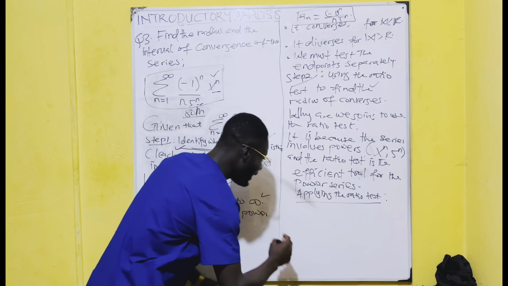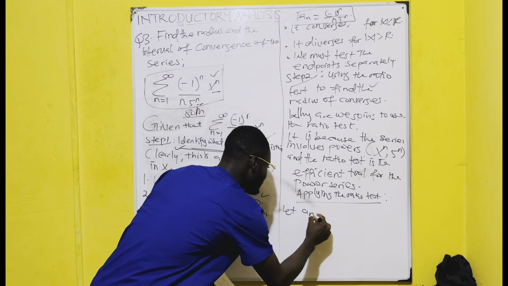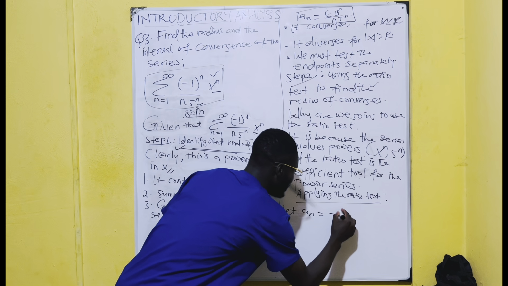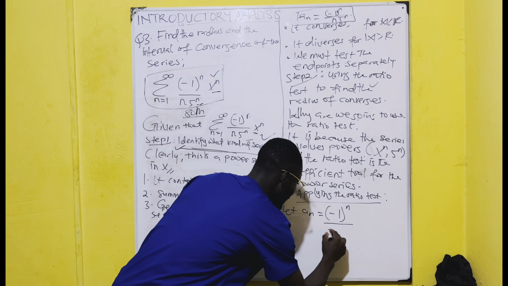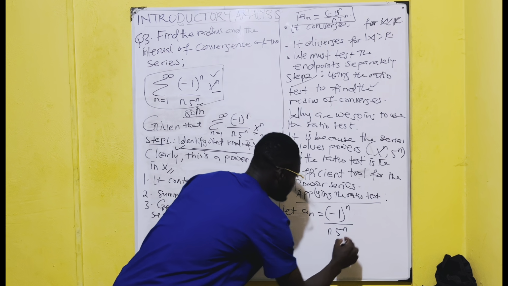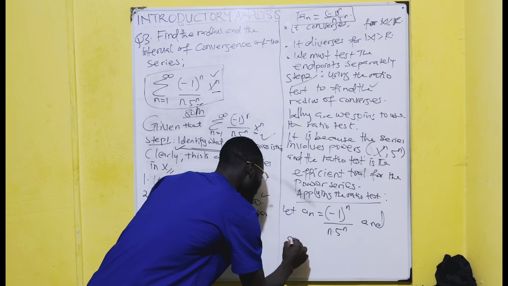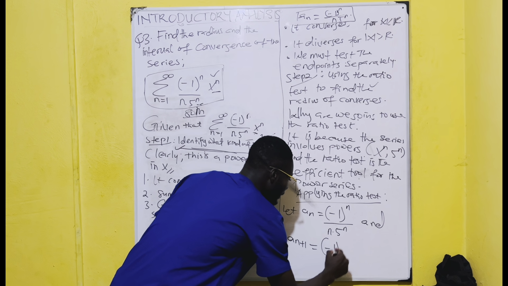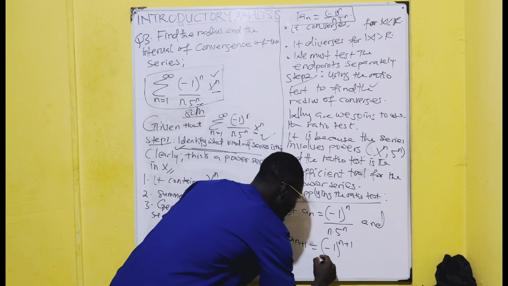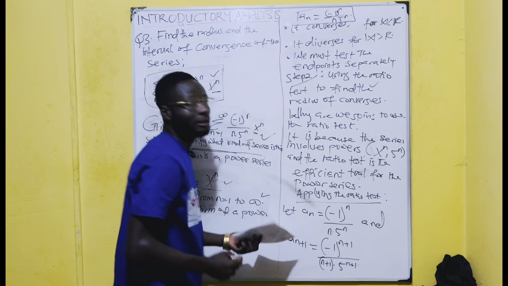So applying the ratio test, let a sub n be equal to negative 1 to the power n divided by n times 5 to the power n, and a sub n plus 1 will be equal to negative 1 to the power n plus 1 divided by n plus 1 times 5 to the power n plus 1.